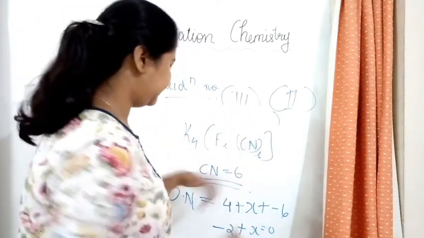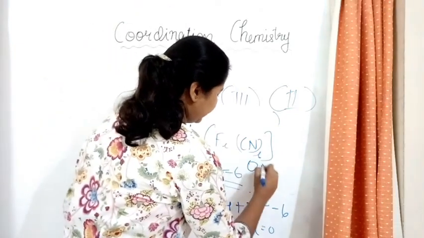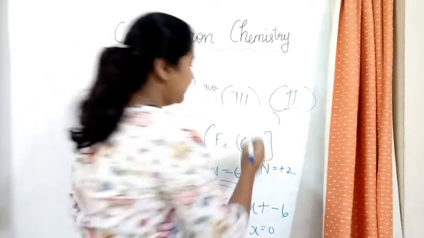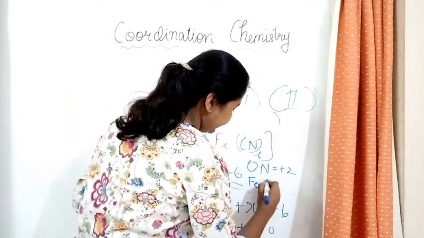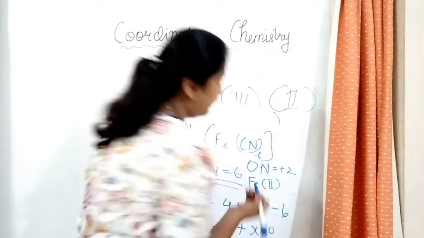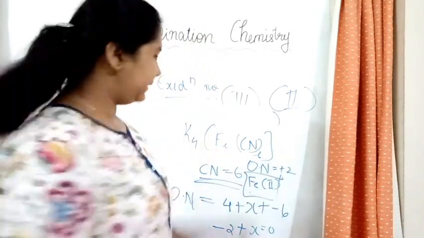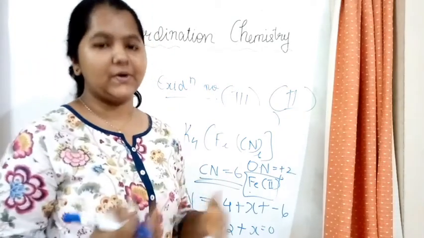So the oxidation number is equal to plus 2, and hence Fe is II, because I told you we'll write it only in Roman numerals. So this is the talk about oxidation number.